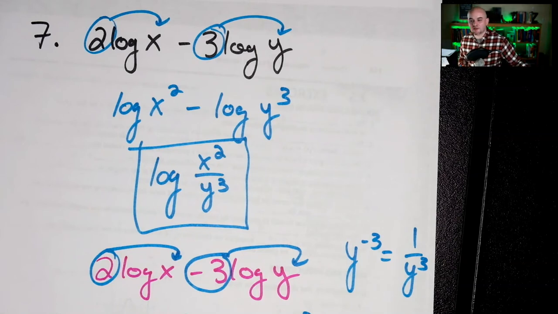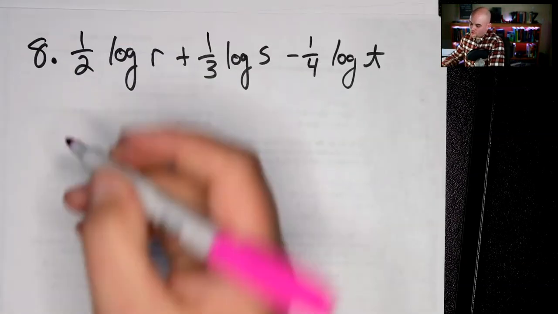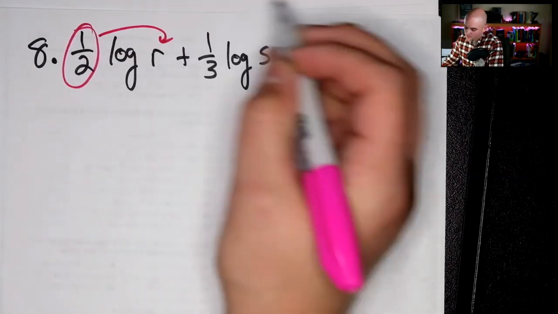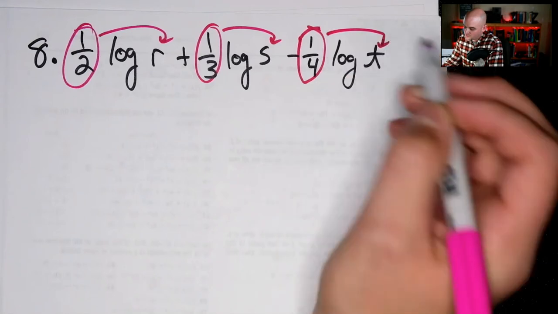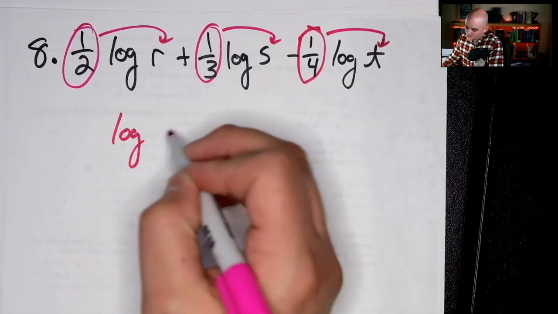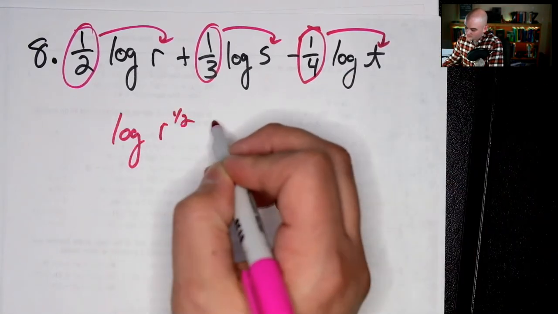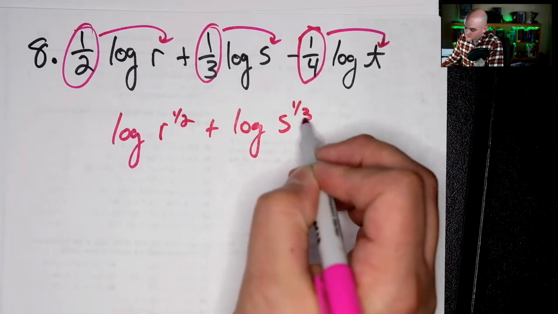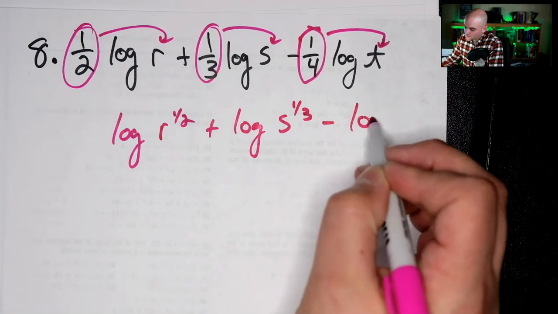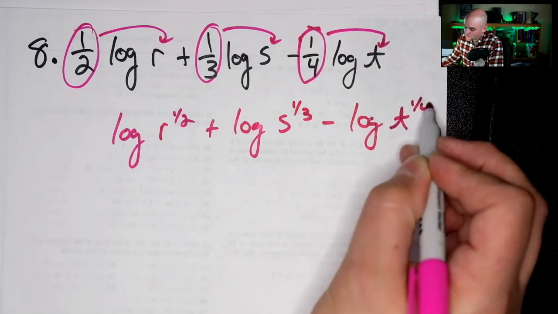On to number 8. Once again, number 8, we're going to say, I got these numbers out front, move them in here as exponents. And so that gives me log of r to the 1/2 plus log of s to the 1/3 minus log of t to the 1/4.